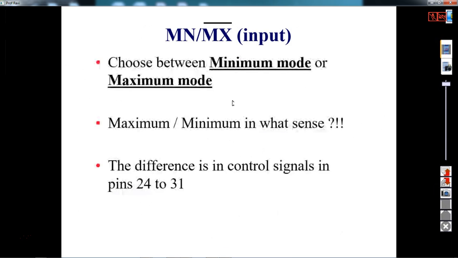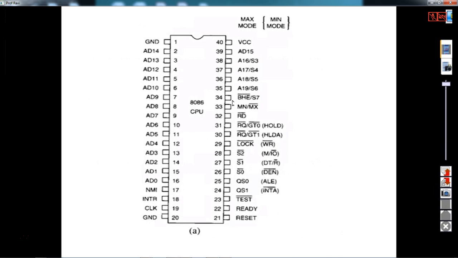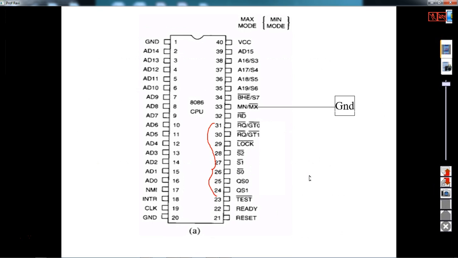So this is the minimum by maximum mode pin, which we have just seen. When it is connected to VCC, then one more important point you need to note: in minimum mode, pins 31 to 34 act like hold, hold acknowledge, write bar, M by IO bar, DT by R bar, data enable, ALE and read. But when it is connected to ground, in maximum mode, the equivalent signals have to be generated, which we will see in maximum mode of operation.